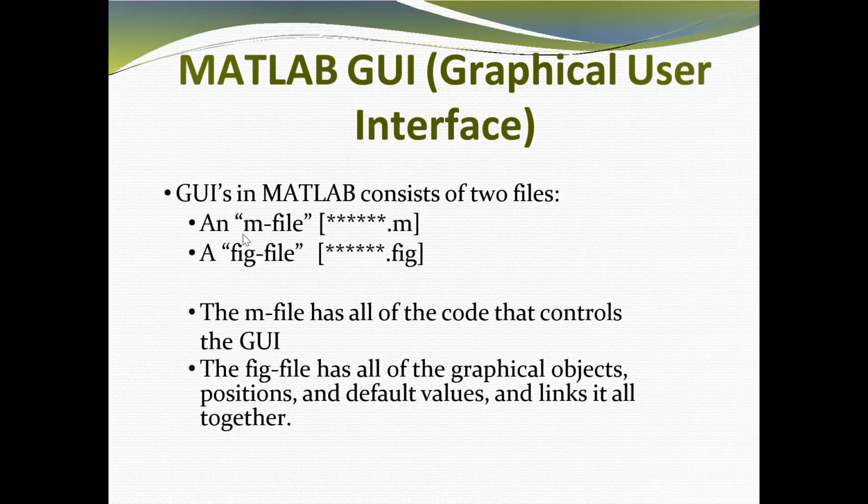So we have two files. The GUI consists of two files. One is an M file that has the code, and then the figure file, which provides the .fig. Okay.